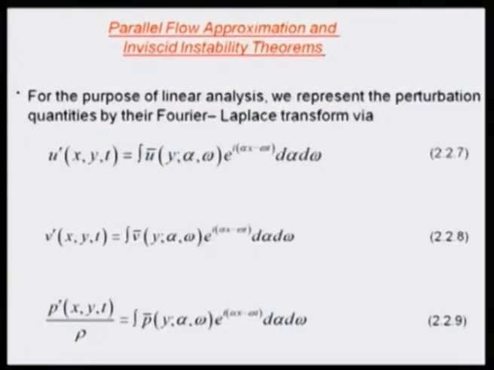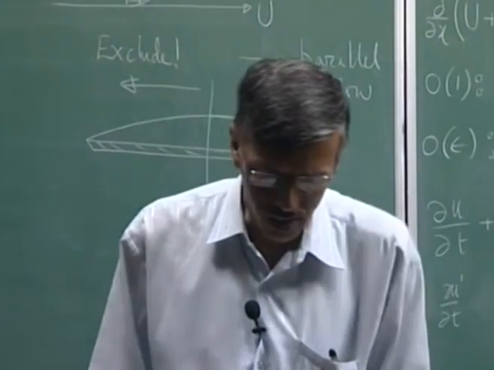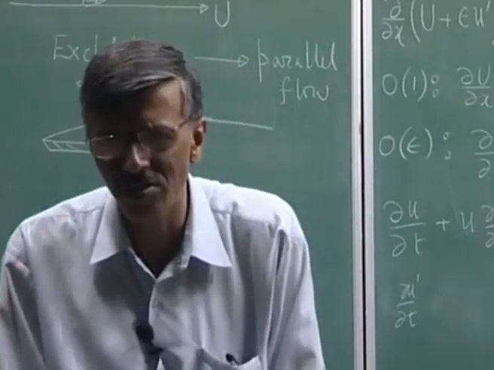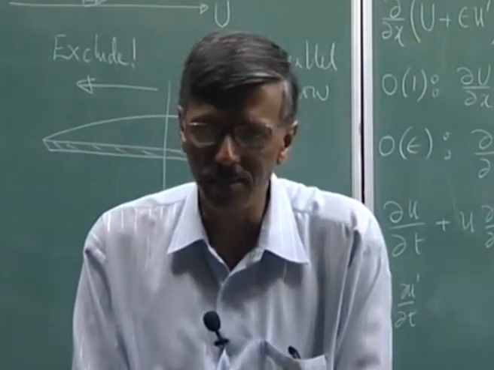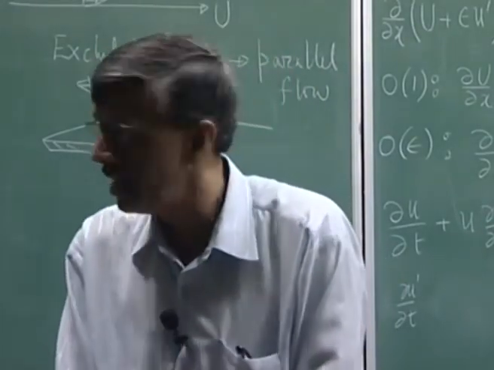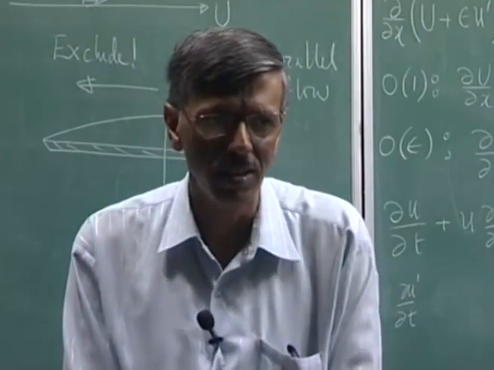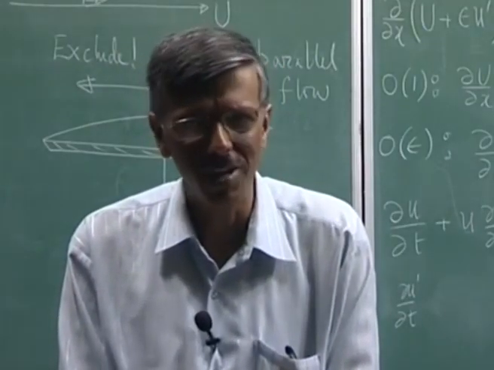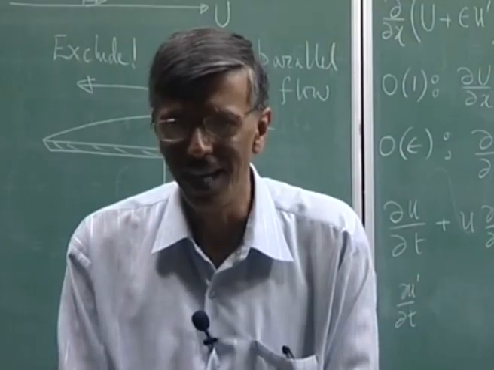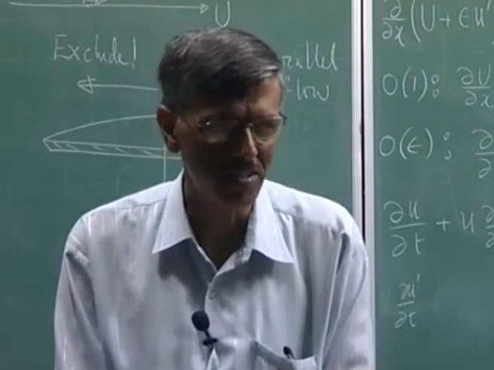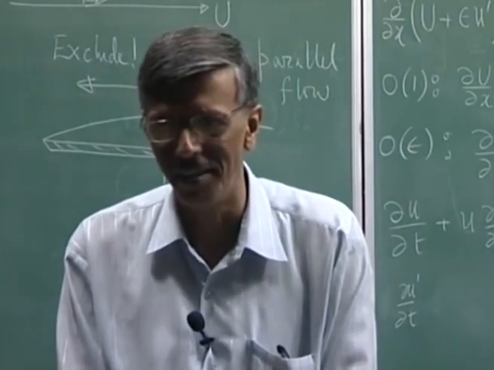Please do understand that we are talking about the most general space time variation, and this course is somewhat special in the sense that when we do such a Fourier Laplace integral, it is somewhat different from what you may have done in your maths course. There you will always take alpha as real, omega as real. Why?